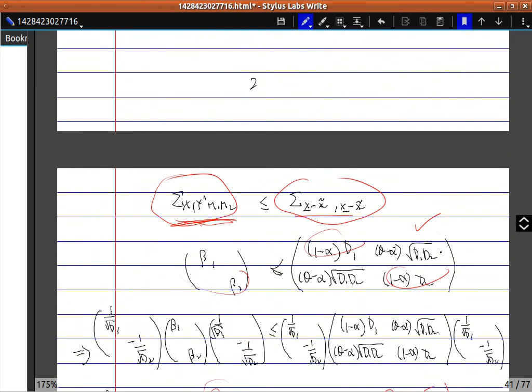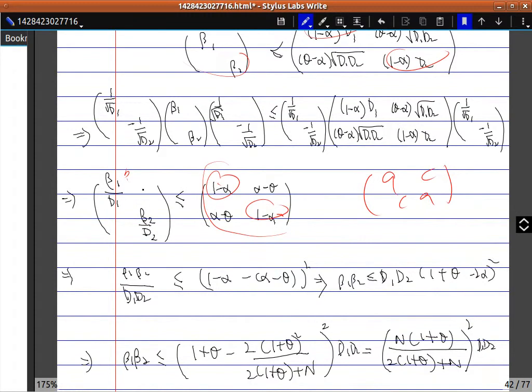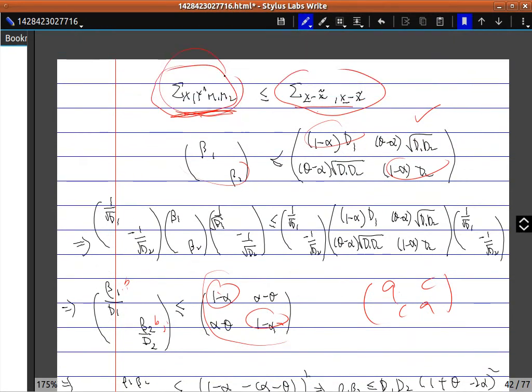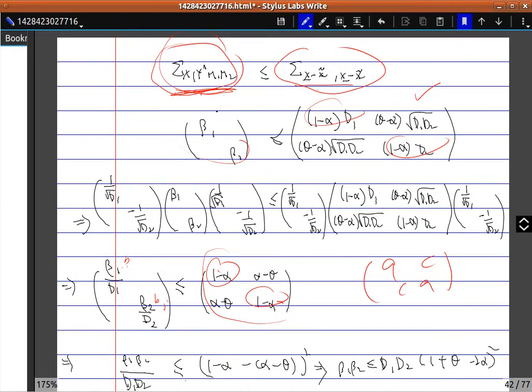And this B1 B2 here. So we have (A minus C) squared bigger than or equal to B1 times B2, and of course B1 times B2 is the determinant of this matrix here. And actually what we are interested in is really just the determinant of this covariance matrix.